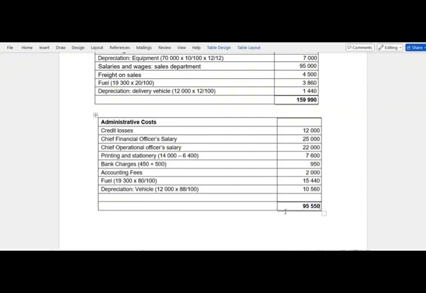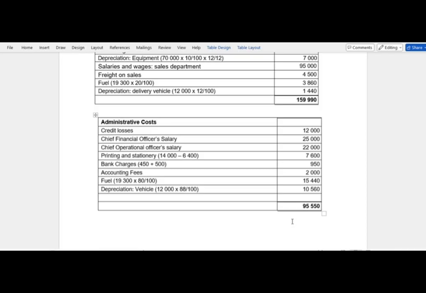Let's double check if it's correct again. 12,000 plus 25,000 plus 22,000 plus 7,600 plus 950 plus 2,000 plus 15,440 plus 10,560.